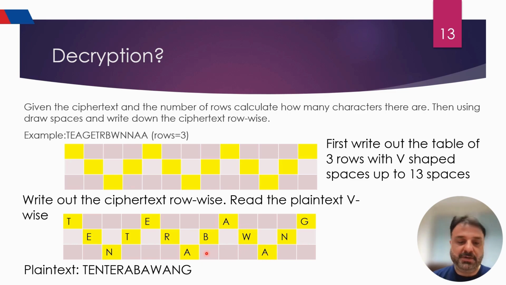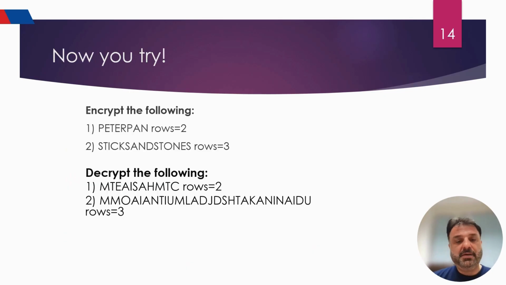This is maybe a Malaysian message or something. We can read it like when we put the plaintext in the rail fence algorithm. Now please try to encrypt the following message and also decrypt the following message using rows 2 and rows 3 for both of them.